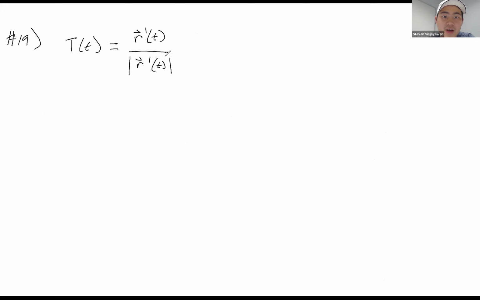Since dividing it by its magnitude will result in the magnitude of T of t being just equal to 1. And so from this, we can say that the magnitude of T has to be equal to 1. This should have been covered in lecture. Okay, so let's go through an example.